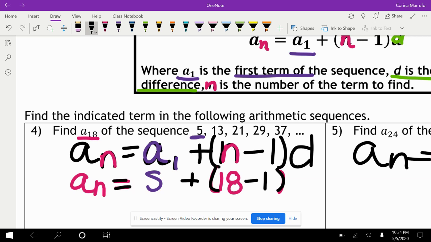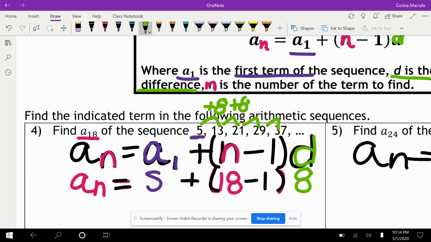So that's what we have to find, the common difference. So between 5 and 13, if we do 13 minus 5, that gives us 8. So that means that the common difference here is adding 8 plus 8 all the way through. So our common difference is 8. We go ahead and put all of this into our calculator.